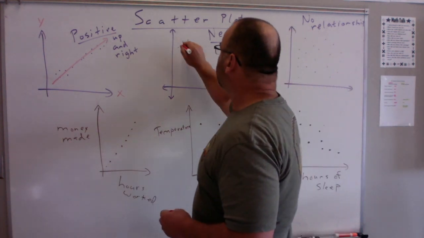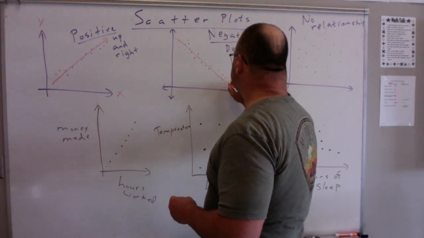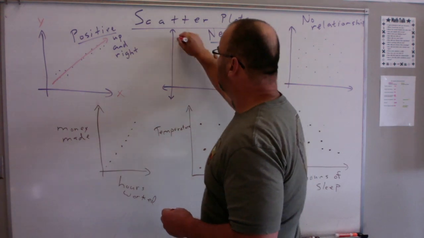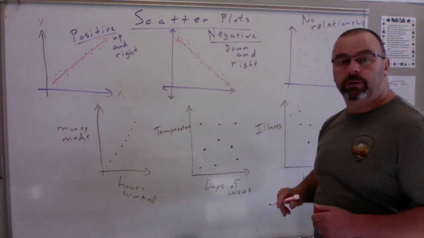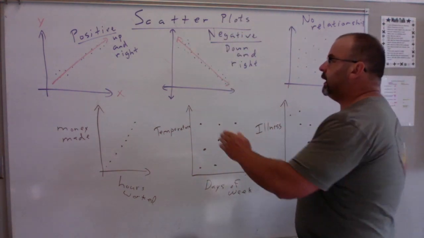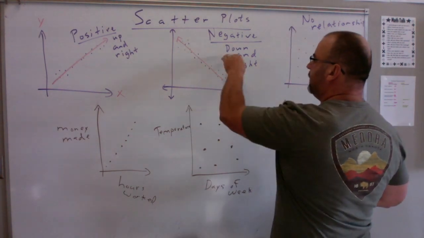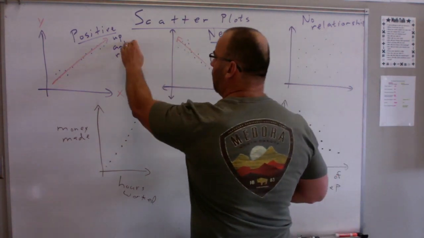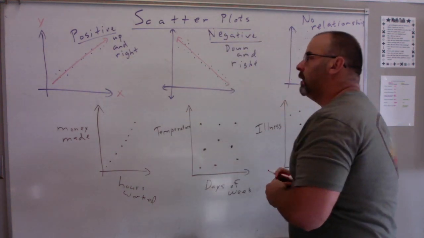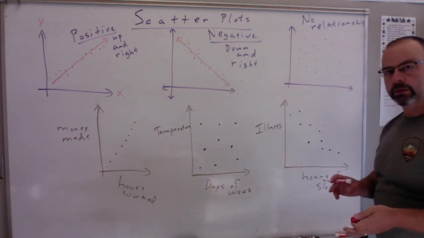If they're going down and to the right and they're still following some type of line, that would be a negative relationship. In other words, going to the right and down means negative, whereas up means positive. So that would be how we would look at that.